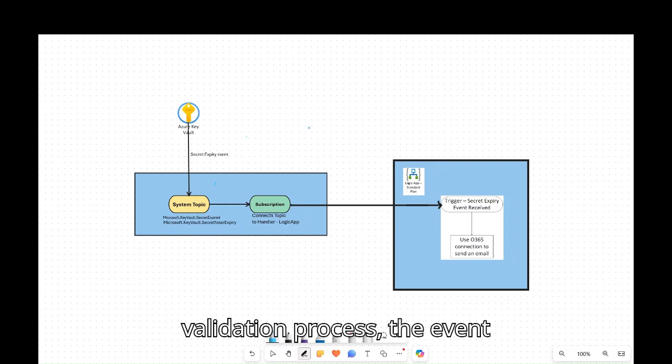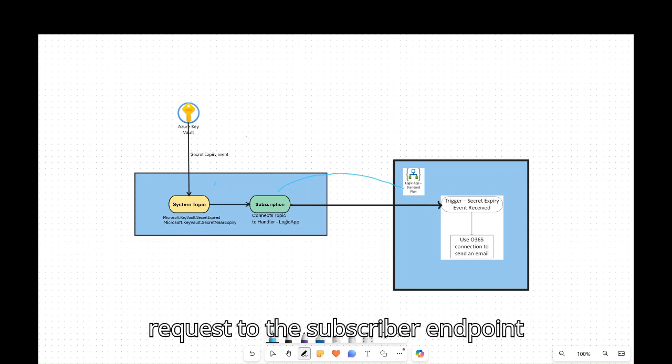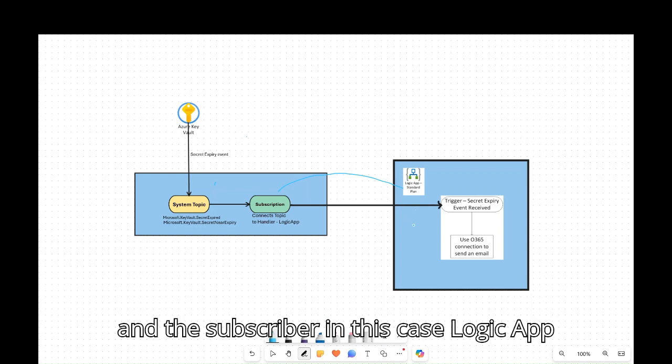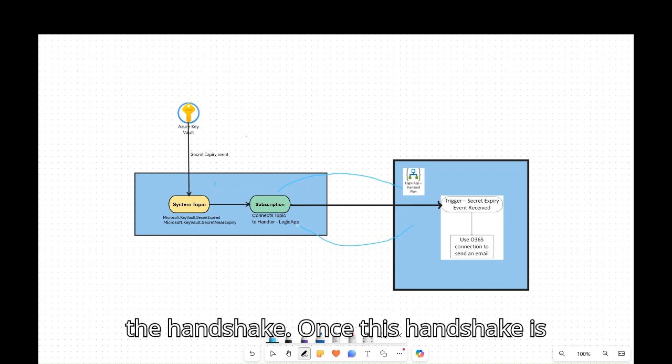So in this validation process, the event grid is going to send a validation request or handshake request to the subscriber endpoint, and the subscriber, in this case logic app, will say yes, I accept the handshake.